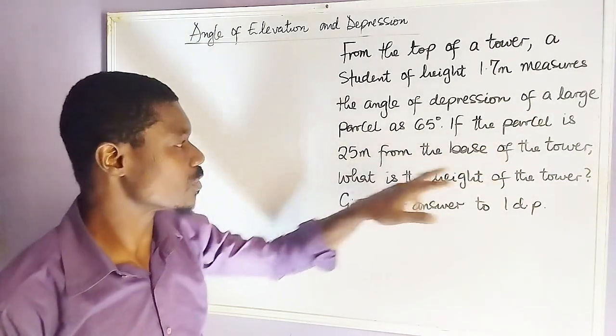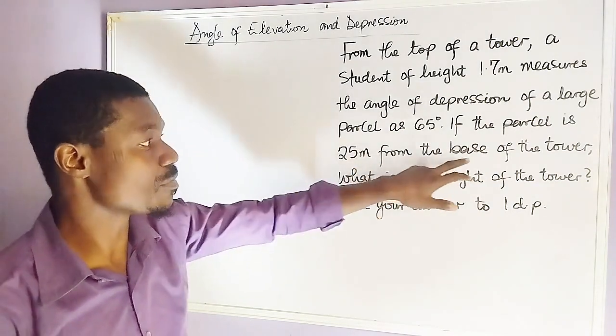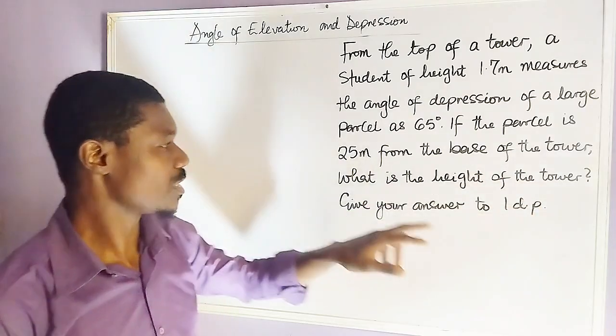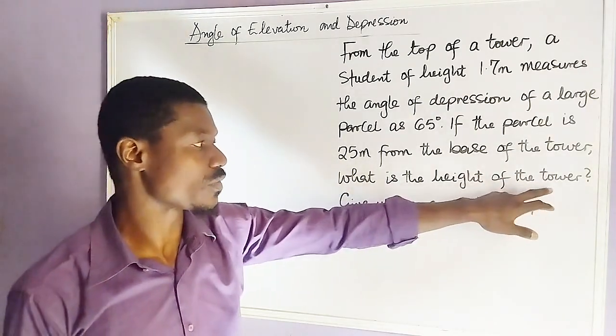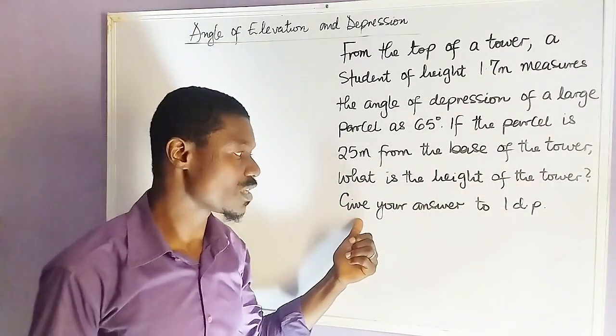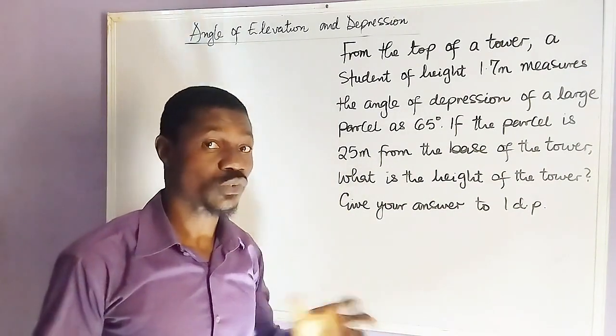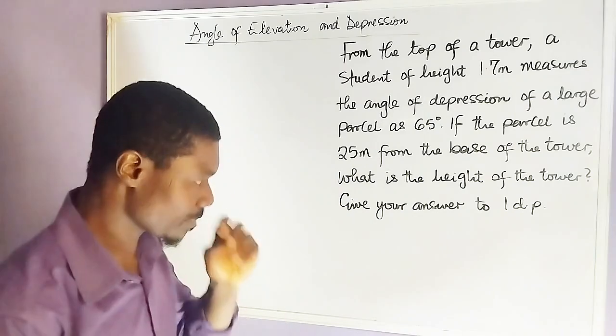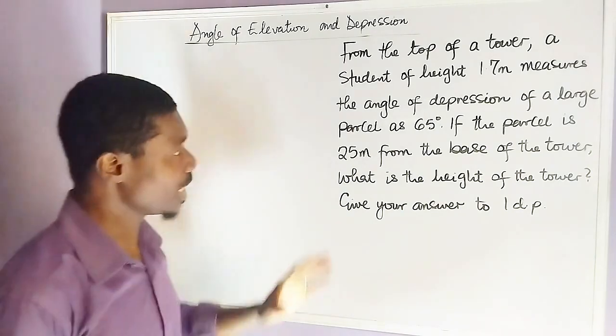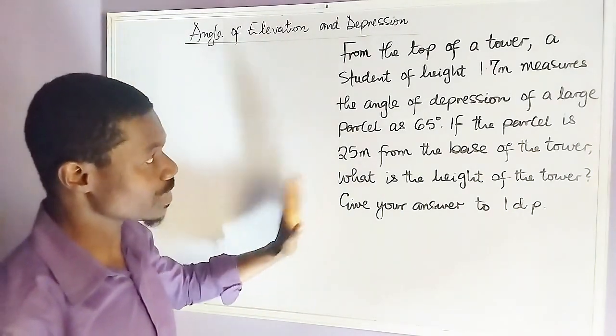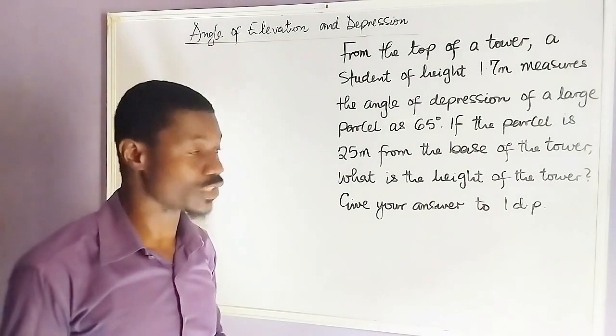If the parcel is 25 meters from the base of the tower, what is the height of the tower? We are told to give our answer to 1 decimal place. First of all, let us bring these statements to a pictorial illustration.